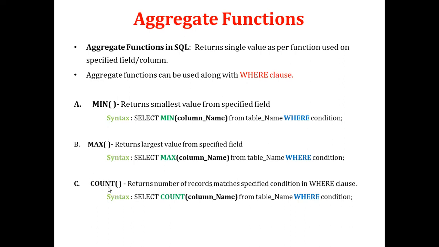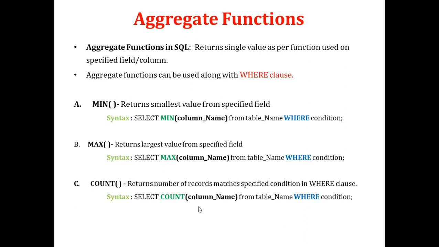This count function returns the count of entries satisfying the particular condition. The syntax for this one is, first of all, write the keyword select, then the keyword COUNT, followed by the column name, that is, the column from which you want the count, followed by the where condition.